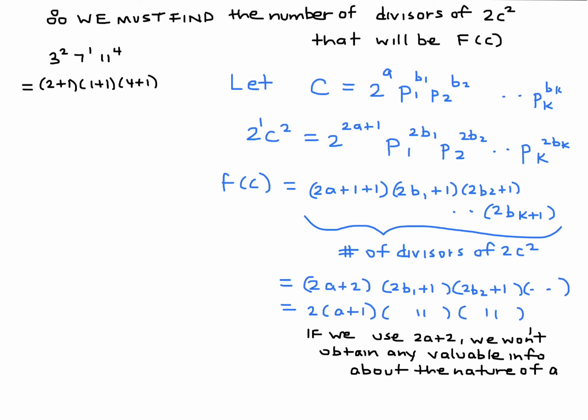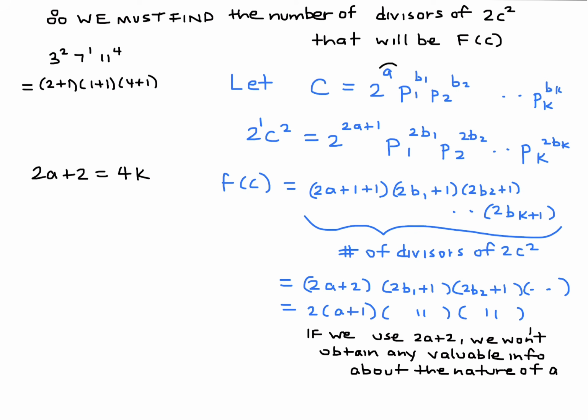So what I propose is that you say that this 2a plus 2 is actually a multiple of 4. If you do that, you'll get an understanding of what a can be, because currently it looks like a can be anything. As long as you have this 2 out front, f at c is even.